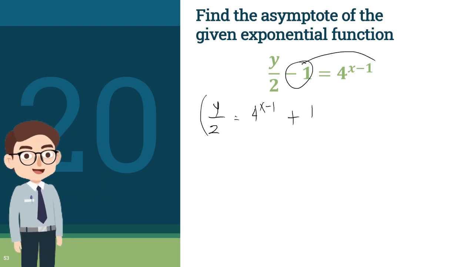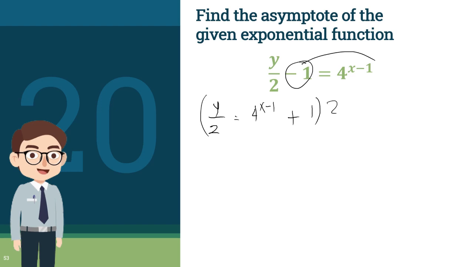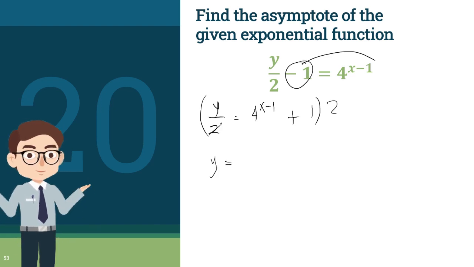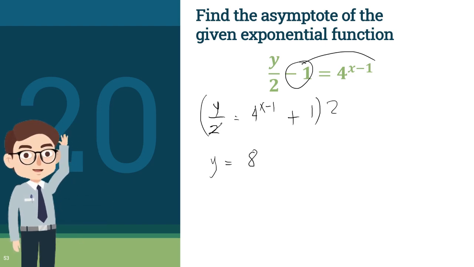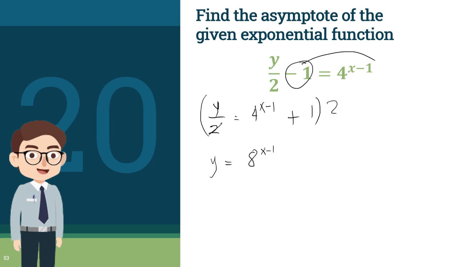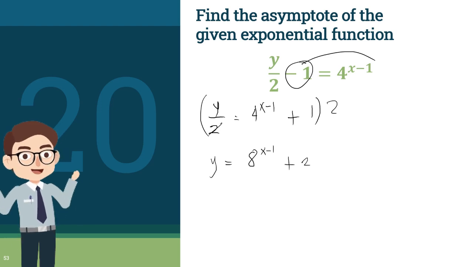And then we will multiply both sides of the equation by 2. Cancel. Your y now is equal to 4 multiplied by 2 is 8 raised to x minus 1, plus 2.